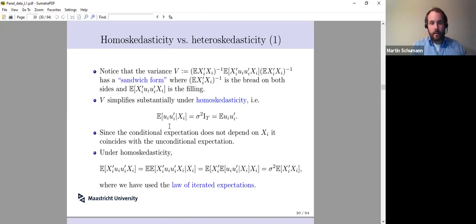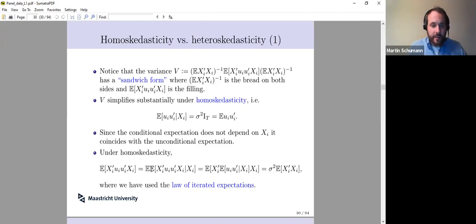Of course, if on the right-hand side there is no x, that means the conditional expectation coincides with the unconditional expectation. And if you use homoscedasticity, you can write this term as a combination of two expectations, where the inside expectation is conditioning on x, and the outside expectation is with respect to the marginal distribution of x. So this is the law of iterated expectations.